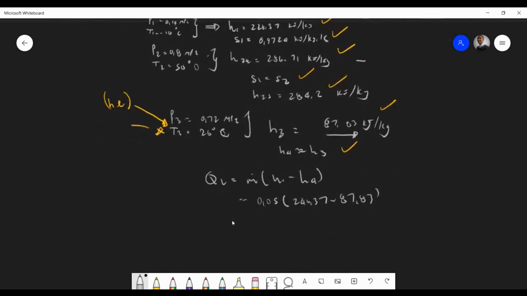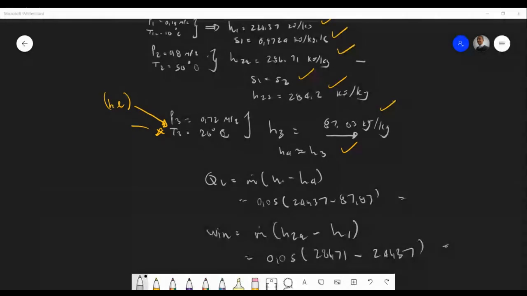Furthermore, we can work out our work in, and in this case we are fortunate to get the actual value, because normally we have to find the isentropic value and then convert it into the actual value. So H2A is 286.71 minus H1, which is 246.37. Let's quickly get those values and work it out yourself, and if you divide the two, you can get the COP.